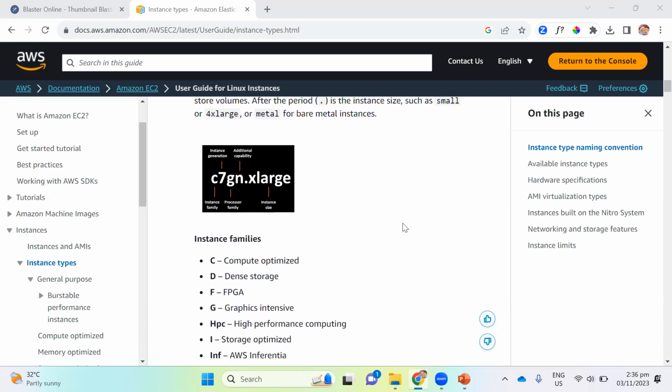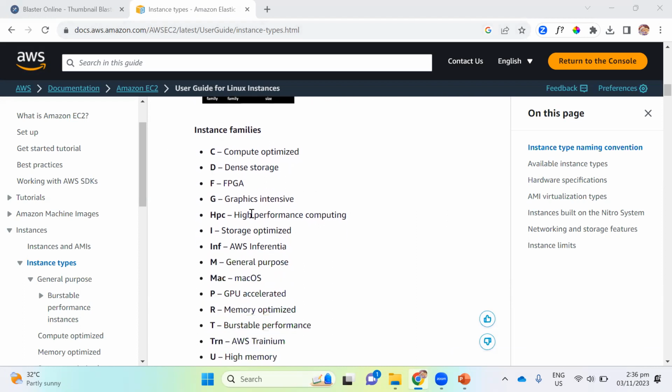So let's first delve into the instance families. This is the link for EC2 instance type. Actually, this particular question is coming in the Solutions Architect certification, where it is necessary to understand the various instance families.